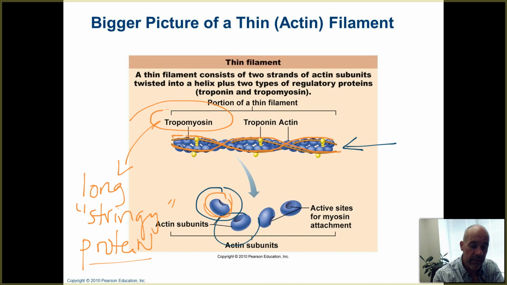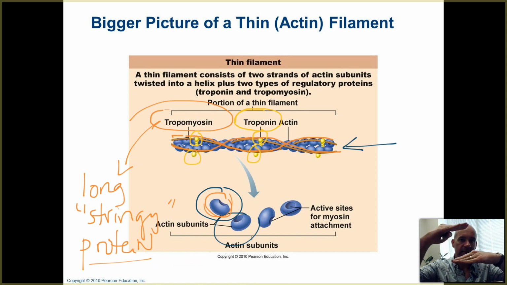All right, and then finally you have a third type of protein in these thin filaments, like right there and right there and right there and right there. Those are called troponin proteins. And so all three of those are going to have an important part in the story of muscle contraction. Again, for muscles to contract, you've got to have actin thin filaments and those myosin thick filaments.